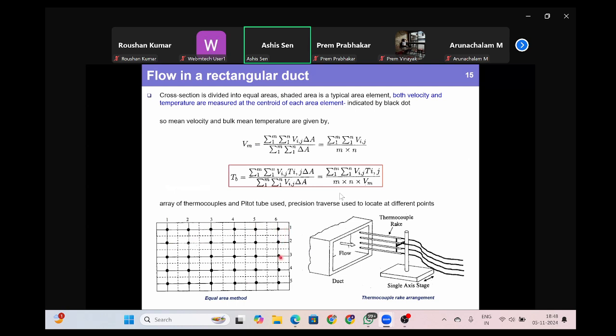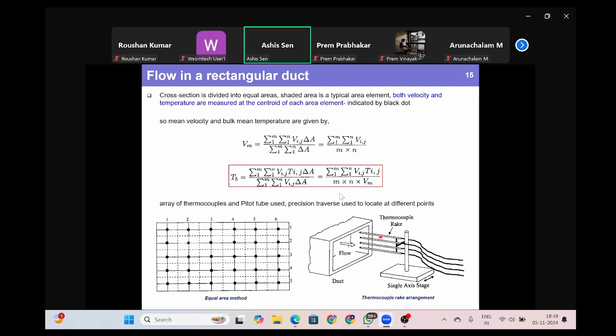Here 1, 2, 3, 4, 1, 2, 3, 4, 5. So you have 30 smaller equal areas, and each dotted area is basically a control volume, and you measure temperature and velocity at the centroid of each of these areas. So these dotted points are basically at the points where you measure velocity and temperature.